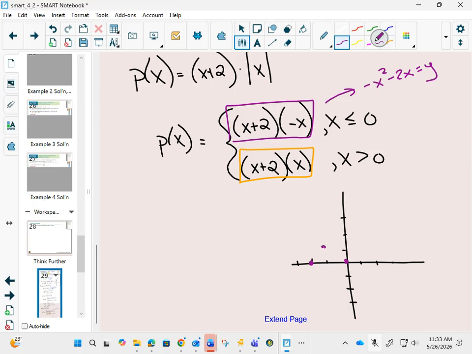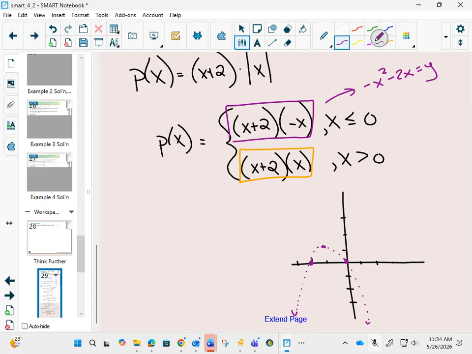So I know my vertex is right here at (-1, 1). If I graph the entire parabola, and I'm going to graph it with a dotted line right now, it would look like this, opening down.